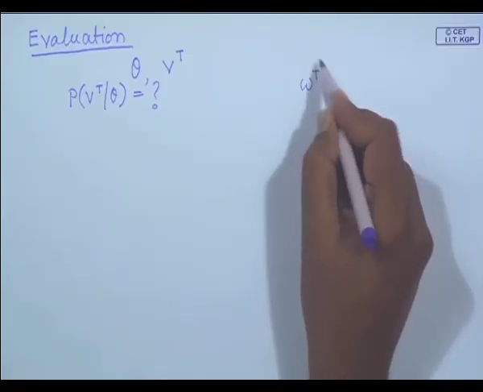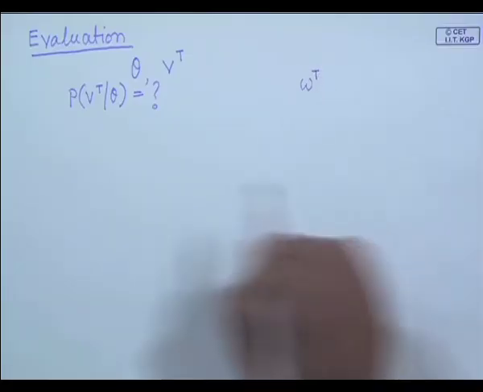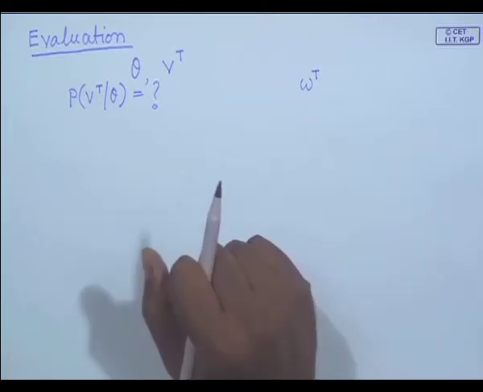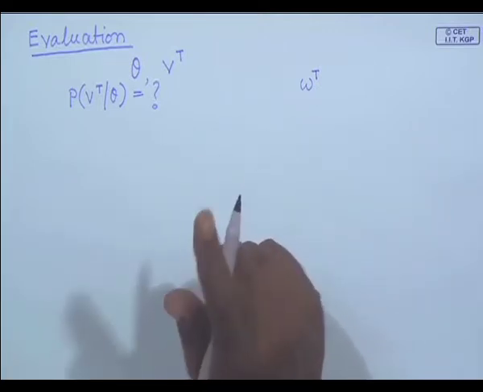So, when I have in theta a number of invisible states, I can find all possible sequences of T invisible states. And for each of these sequences, I can find the probability that that particular sequence of hidden states omega^T has generated this visible sequence V^T.